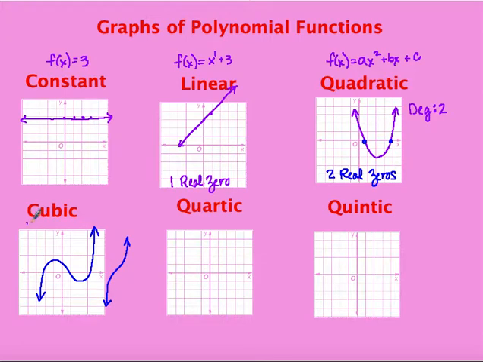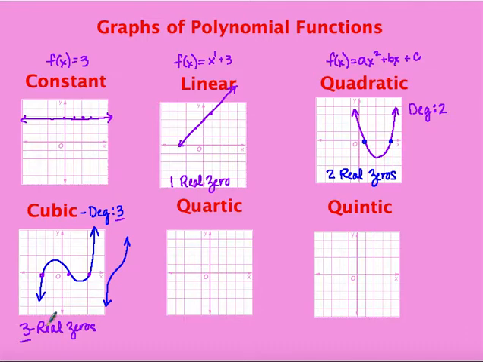When I talk about a cubic function, it's going to have a degree of 3, and it could have as many as 3 real zeros when we look at graphing that. Or it could have just 1 real zero, depending on where that axis hit. But the most it could have would be the amount in the degree that matches the real zeros.